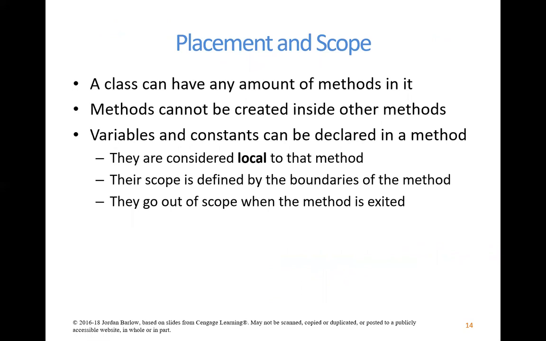Methods can't be created inside of other methods. You can declare new variables and constants inside of your method body, but they are considered local to that method, meaning that you cannot refer to those variables outside of that method. They go out of scope when the method is exited.